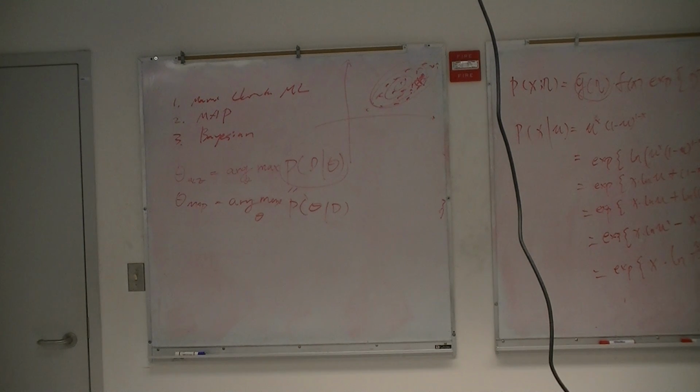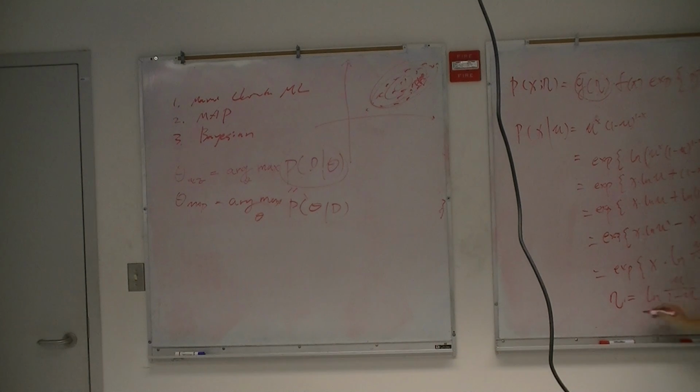And if we contrast this form to this form, then we have x here, and eta here. So we have eta equals log mu over 1 minus mu.